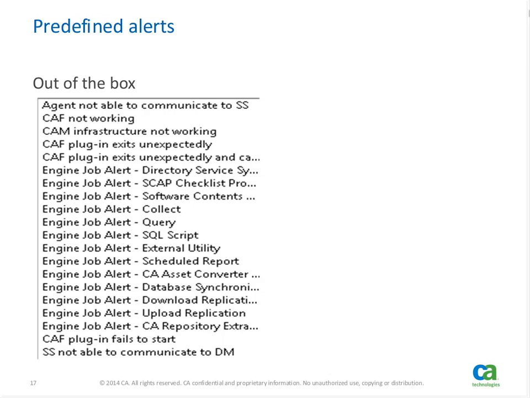Those are the out-of-the-box alerts that are predefined. As part of the solution, we have DLLs or executables that know what to look for to detect if these events have taken place or not taken place properly.